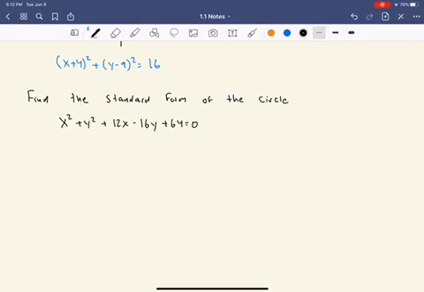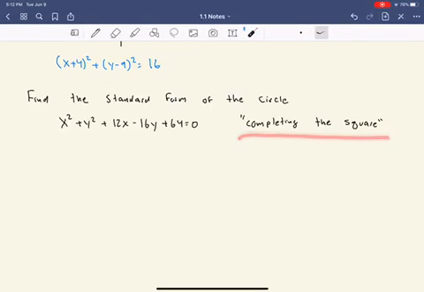So I'm going to put a separate video up on completing the square. And if you need to see more on completing the square, just take a look at that video. But we're just going to go ahead and do it and I'm going to assume that you know how to complete the square.